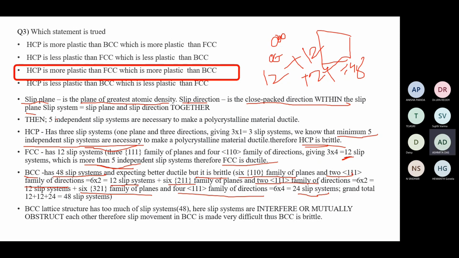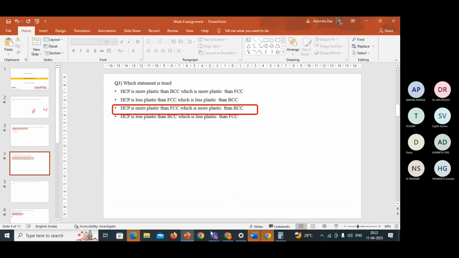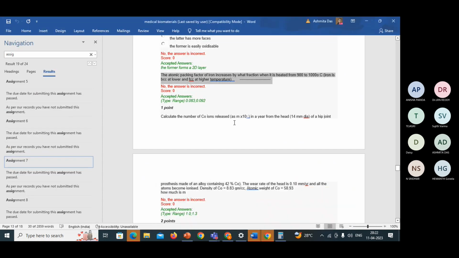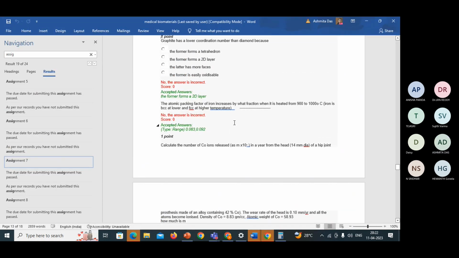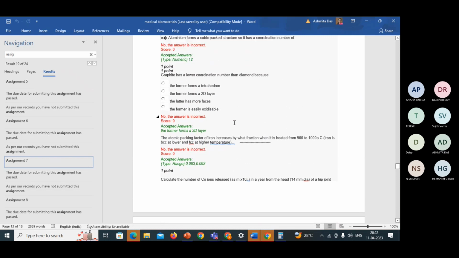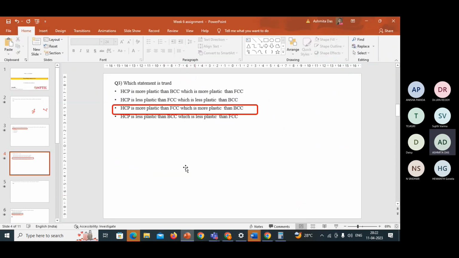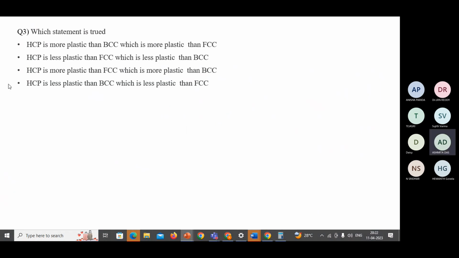Just a minute. Sorry. Very sorry. The correct answer is this one, not that one.